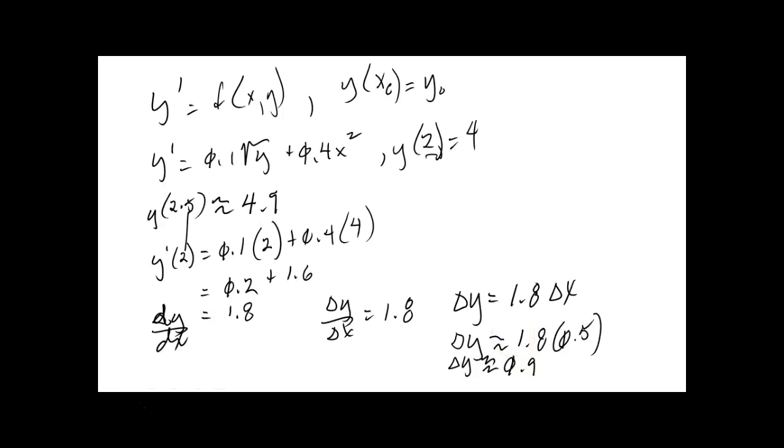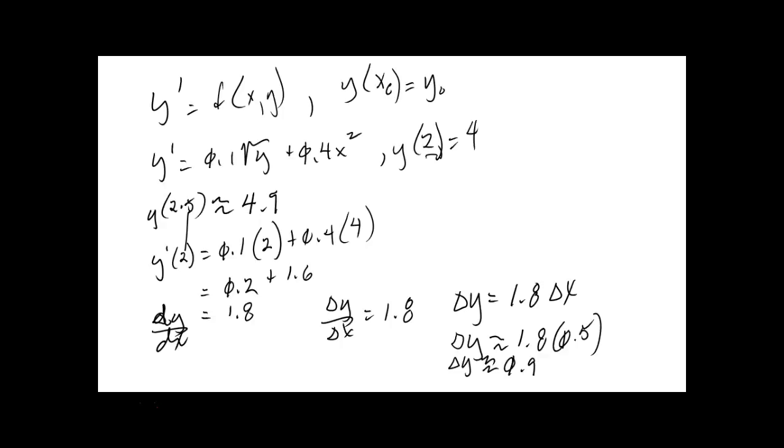Now, where did they get the plus 0.4? Wow, for the life of me, I can't see. It's in the original problem, but I don't know how it got there.